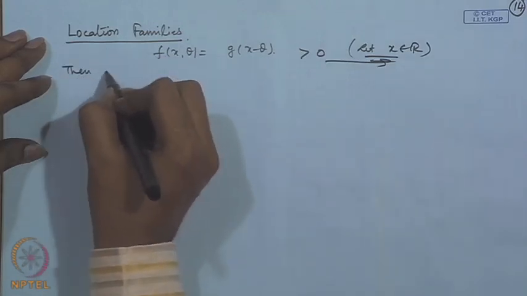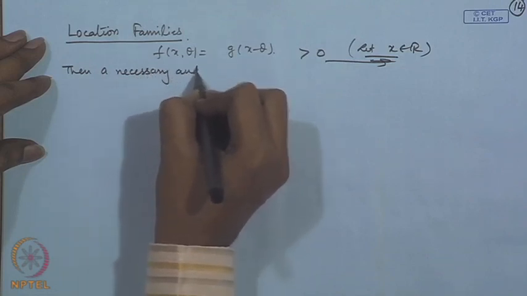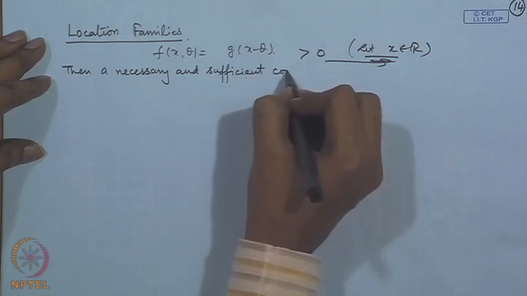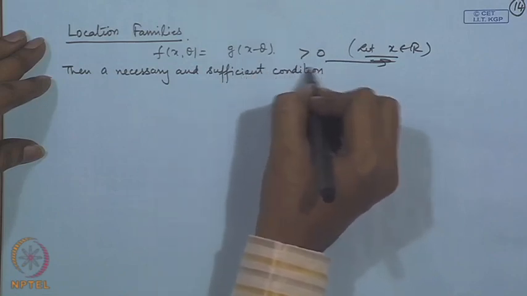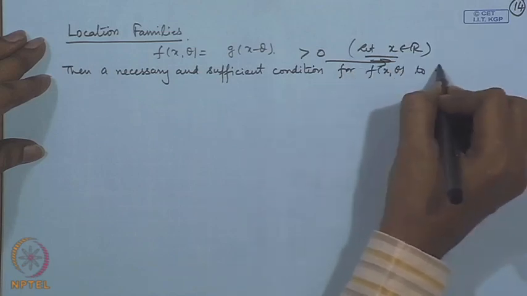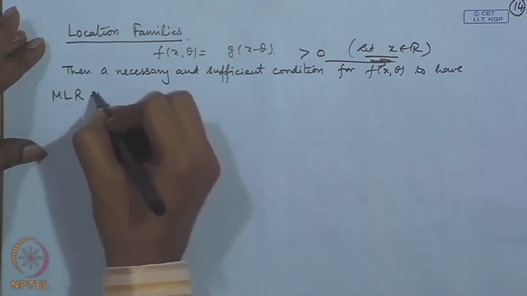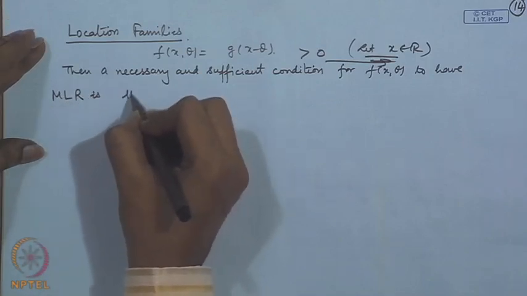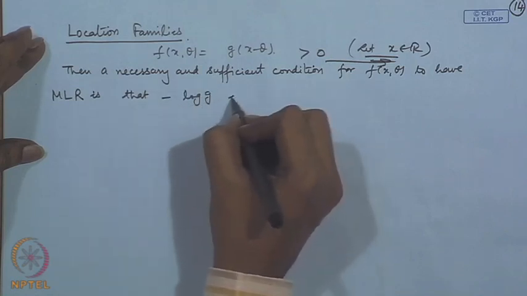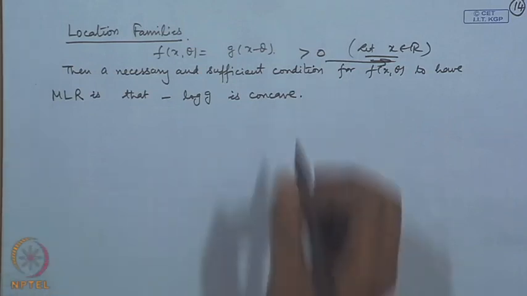Then a necessary and sufficient condition for f of x, theta to have monotone likelihood ratio is that minus log of g is convex, sorry, is convex.